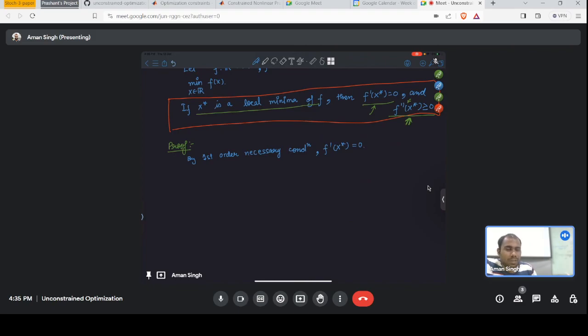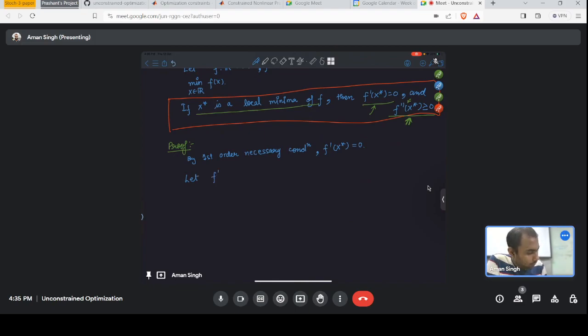I mean, basically it means just following the previous procedure. So similarly, we assume that f double dash x star is negative, and then we'll prove that x star is not a local minima. So that's what we'll do.